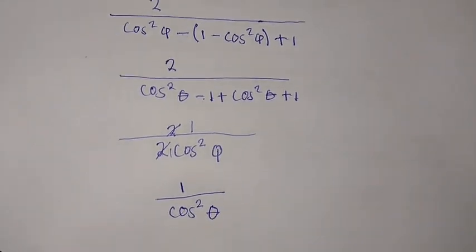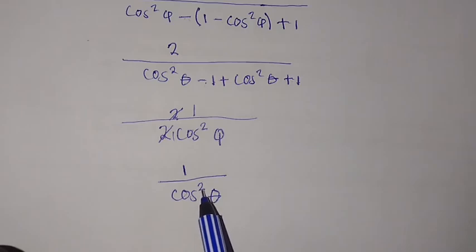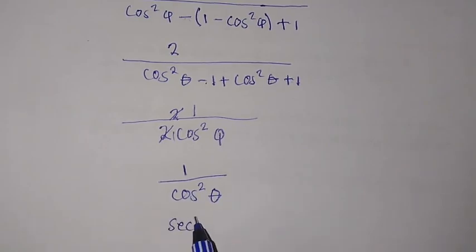Now this that we have is a reciprocal of sec. Because of the squared here, it's a reciprocal of sec squared. So 1 over cos squared is the reciprocal of sec squared theta.